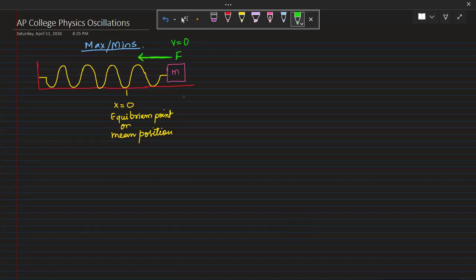So if it is at maximum displacement, x equal to maximum at this point, then the force that is exerting is also maximum, because the spring is at maximum point.